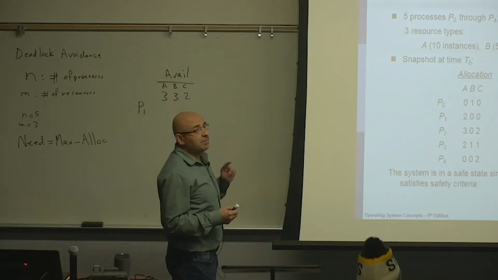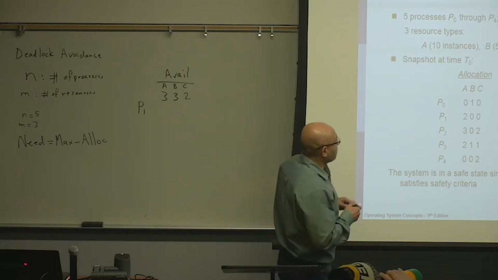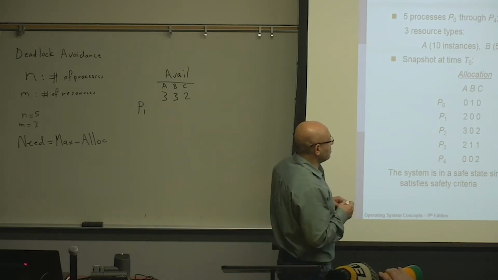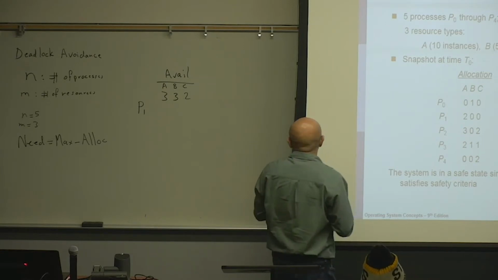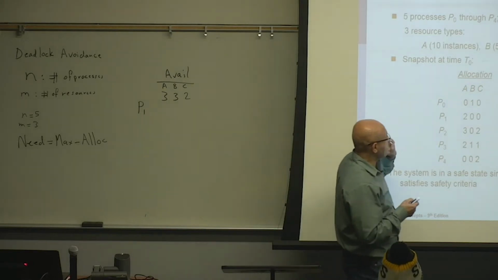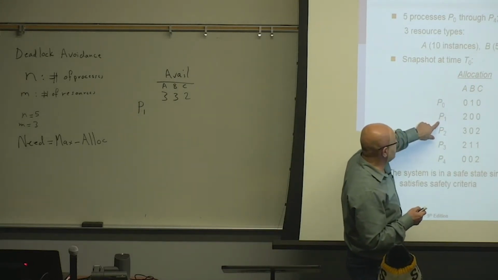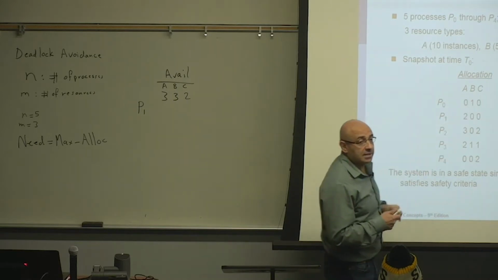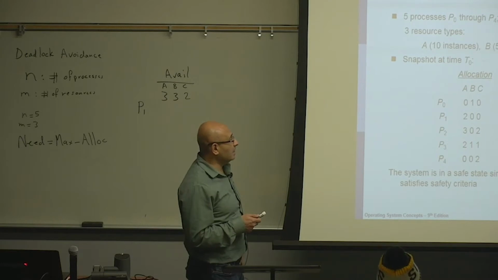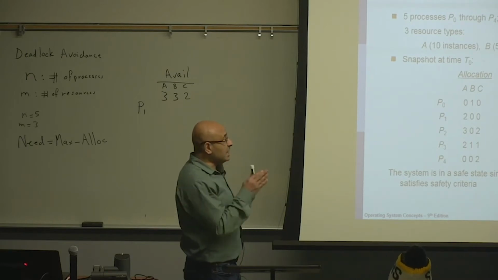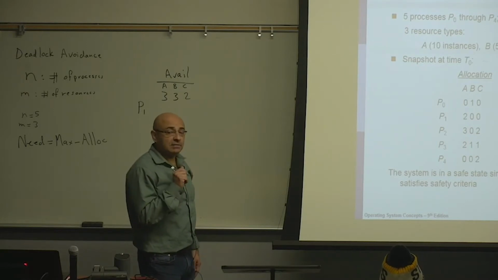Now, after P1 is done, how many instances of A will become available? When P1 is done, it's going to release what is allocated to it, not its needs. Its needs have not been used yet.